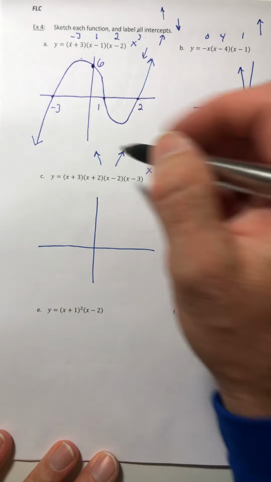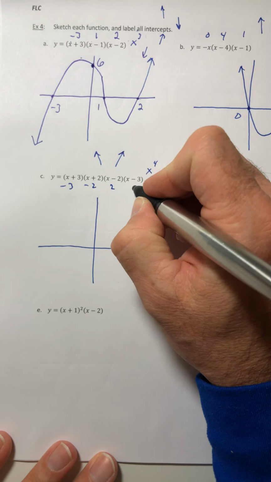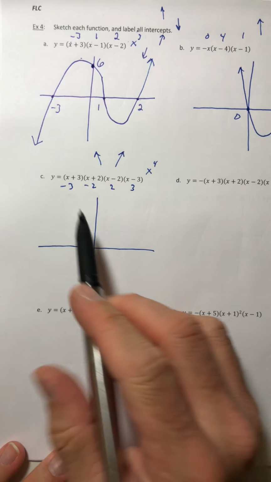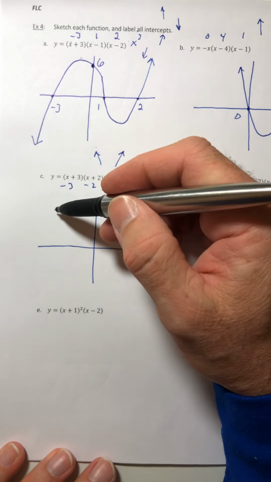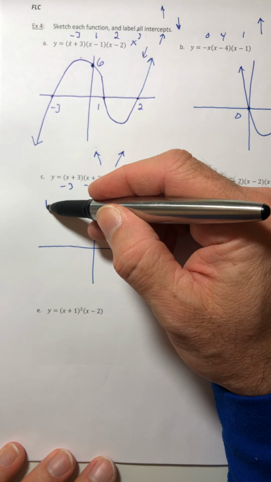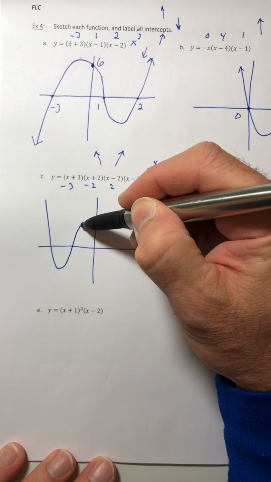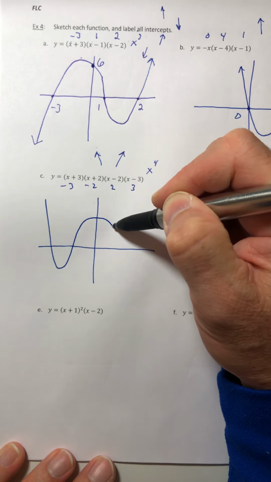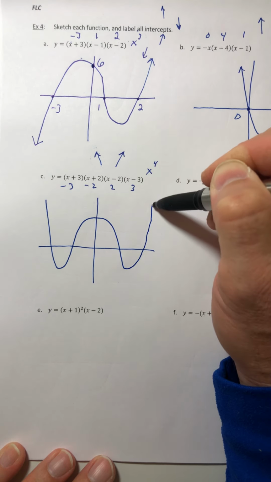Okay, so our intercepts are -3, -2, +2, and +3. My left end is pointing up, so I'm going to be coming down. I'm going to go through -3, through -2, curve it back down to go through +2, and then back up to go through +3.